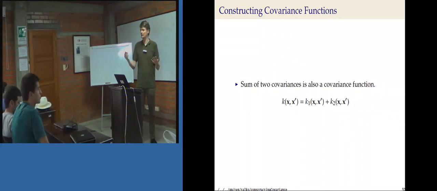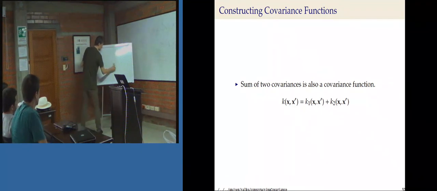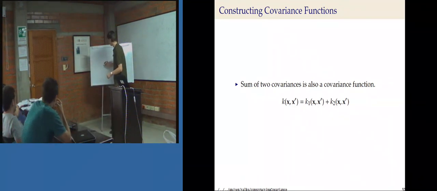So there are examples that Carl Rasmussen and Chris Williams give in their book, where you've got something occurring at a long length scale. They have examples about this Mauna Loa data, which is carbon dioxide parts per million increasing over time, but then there's also some seasonal effect, and then there's also some sort of slower varying effect like this.